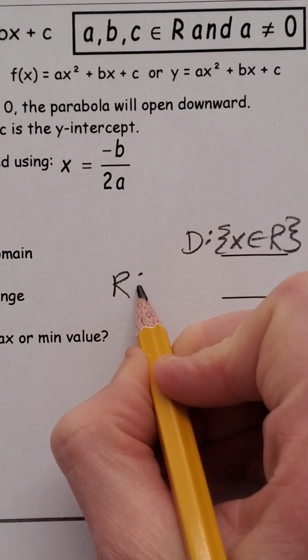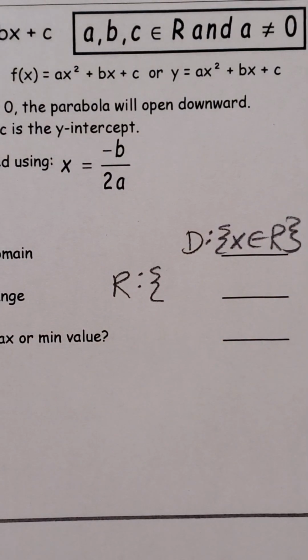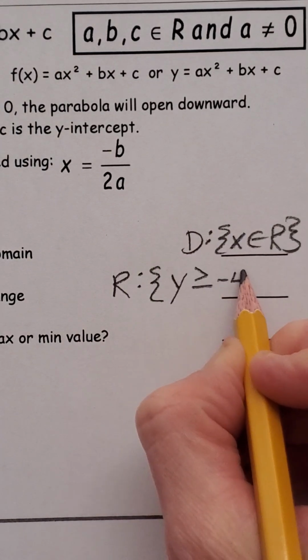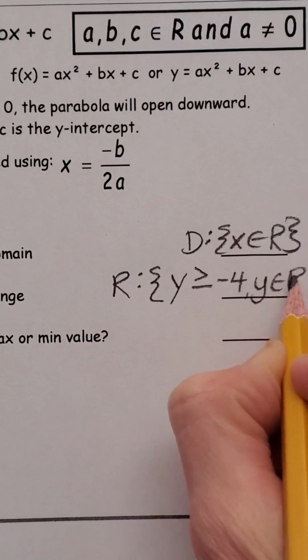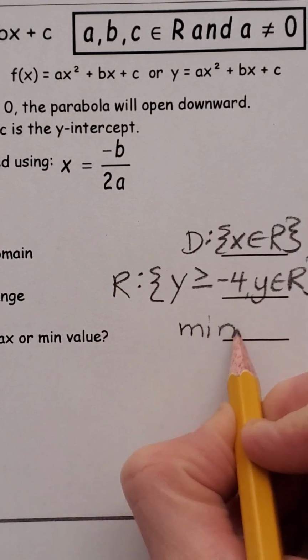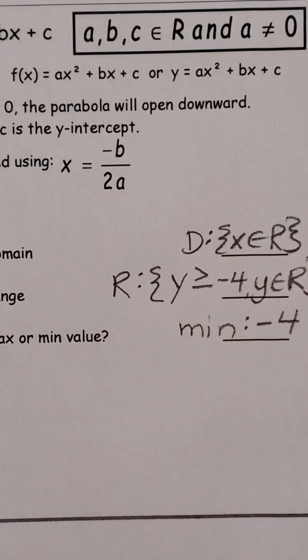Range, right? So if it opens upward, we know that our range is going to be our q value. So y is greater than or equal to negative 4. y is an element of reals. Because it opens upward, it will have a minimum value of negative 4.